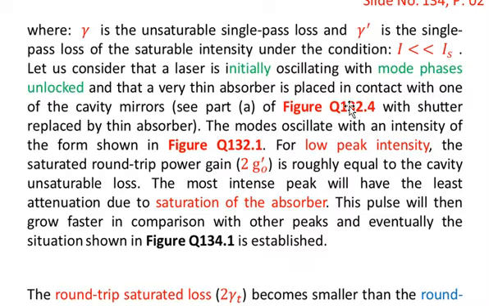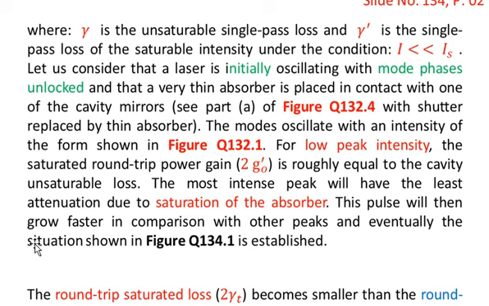So a very thin absorber is placed in contact with one of the cavity mirrors. The modes oscillate with an intensity of the form shown in this figure, because initially the modes are unlocked. For low peak intensity, the saturated round trip power gain, which is the 2 G naught prime, is roughly equal to the cavity unsaturated loss. The most intense peak, you see that here we are talking about the most intense peak, will have the least attenuation due to the saturation of the absorber.